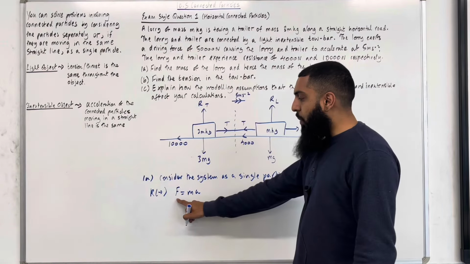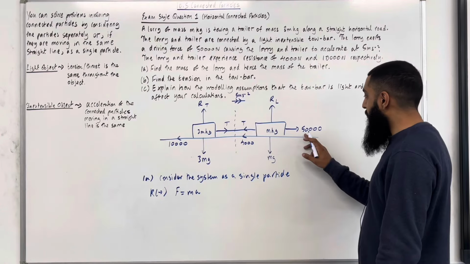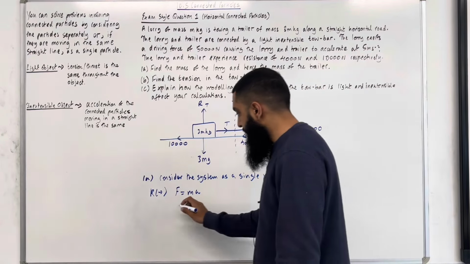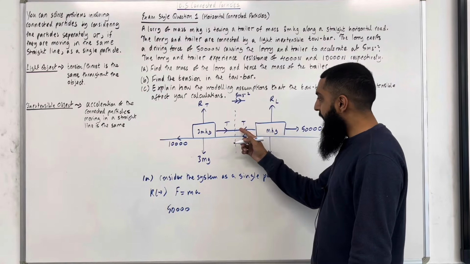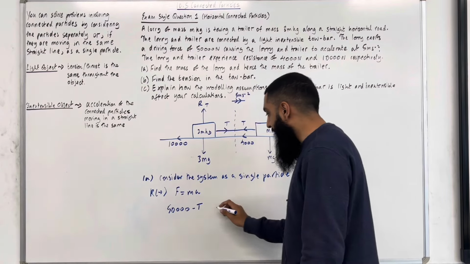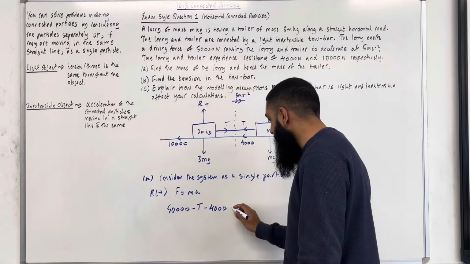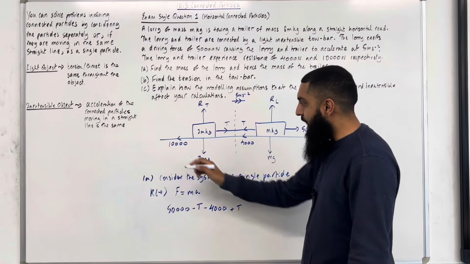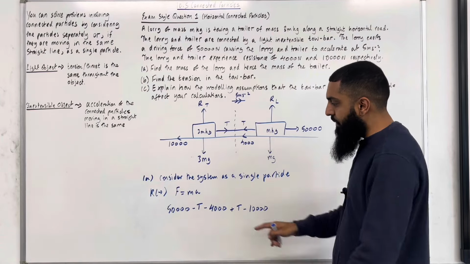I'm going to start by working out the resultant force F. So this would be 50,000 acting to the right, minus T acting to the left, minus 4,000 acting to the left, plus T acting to the right, minus 10,000 acting to the left. So that is the resultant force F.